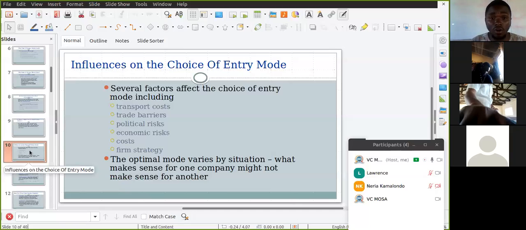So the mode of entry that you're going to choose has costs that are associated to it, and some examples of the costs that are associated to the modes that you're going to use are transport costs, trade barriers, political risks, economic risks, other external costs, and the firm's strategy.